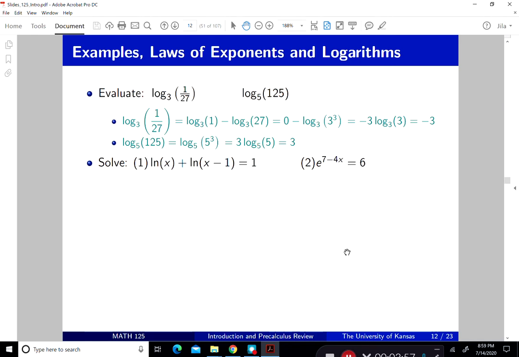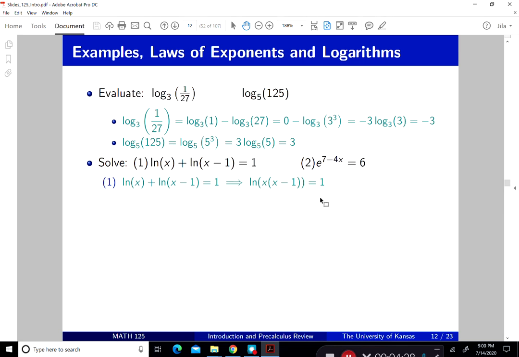We use the law of product, natural log of product equal to sum of natural logs, to combine. So the first thing that we do is we use the opposite direction that was given in the previous page. And so natural log of x plus natural log of x minus 1 is going to be natural log of x times x minus 1 equal to 1.